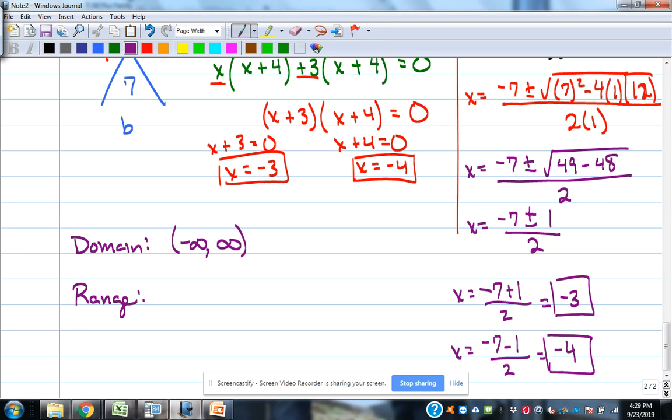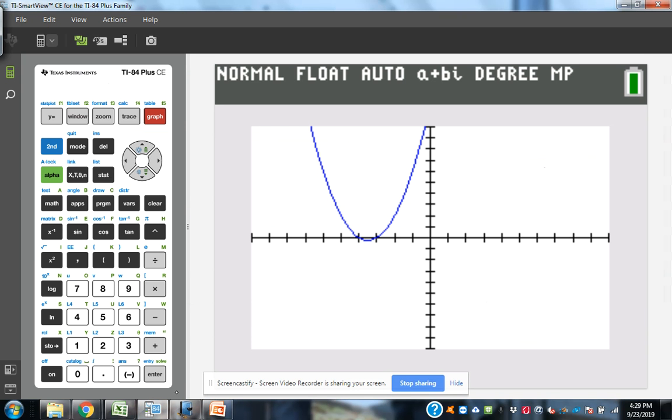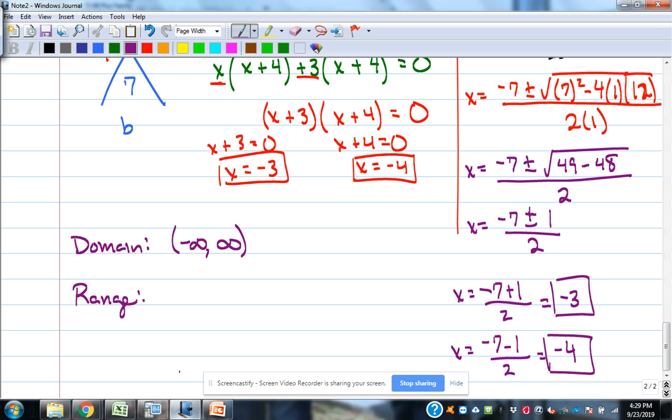Now, when I look at the graph, what direction does that thing open? Up. What's the lowest y value? It's that one down here, right? What is that y value? Negative 1/4. And it's going to go up toward positive infinity.